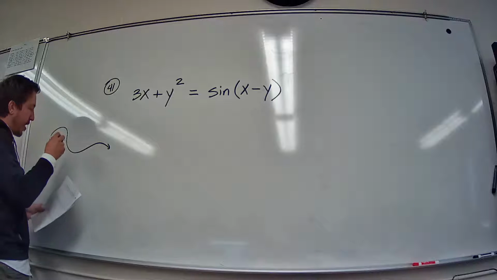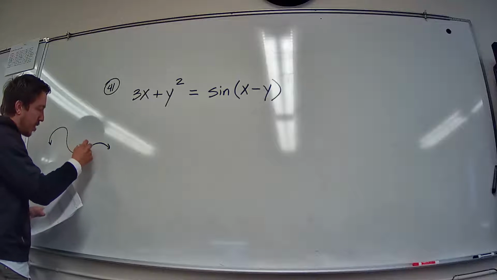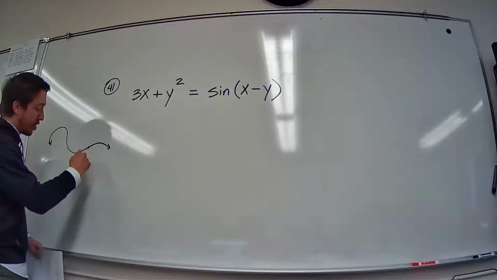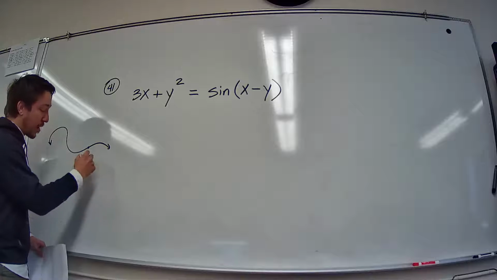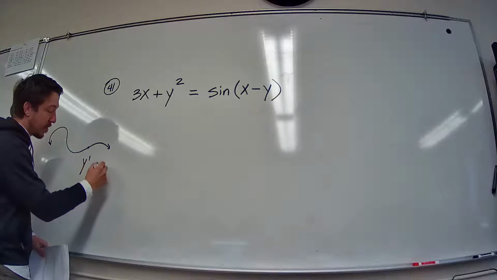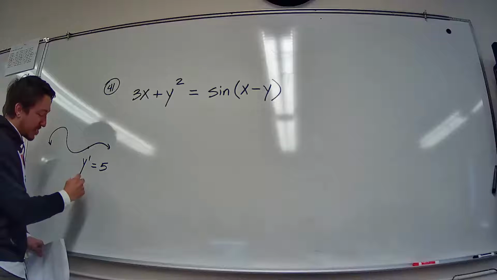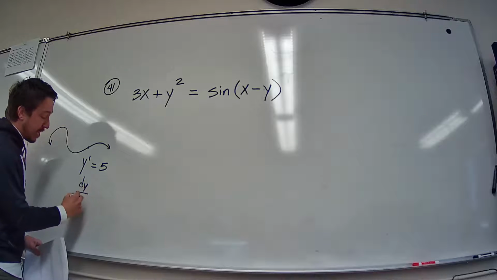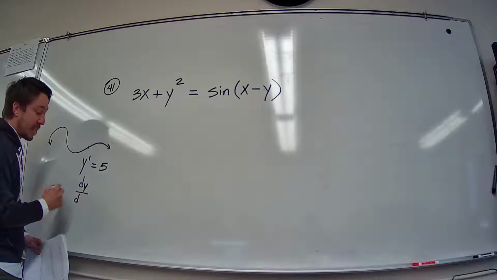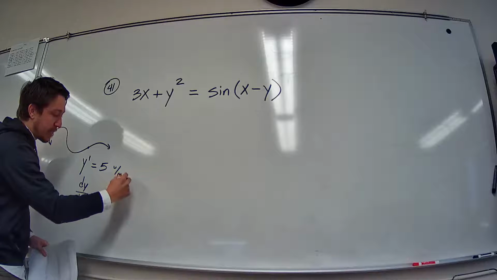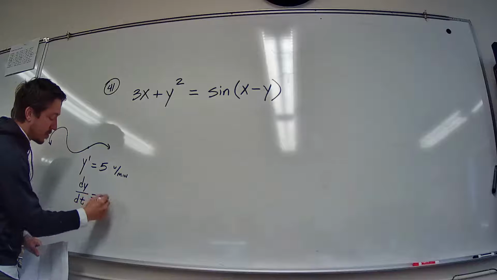If you were moving in a way such that your y value was increasing at 5 units per minute, I'd write that as y prime is 5. Does that make sense? If I want to be more descriptive, I would say dy over dt, because it's units per minute. Oh, we're back to this.